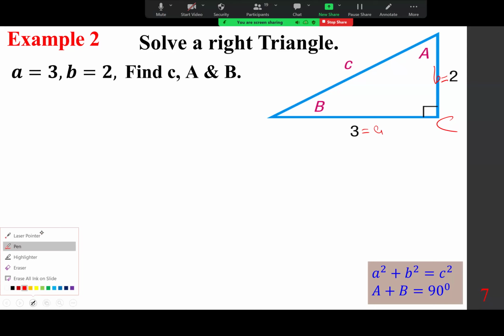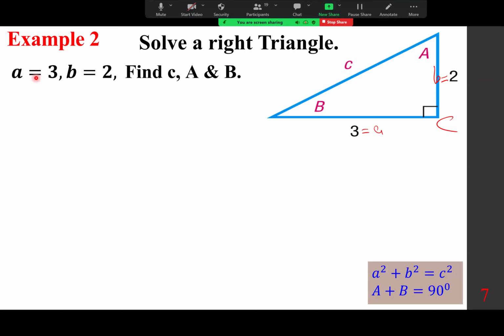Okay, so I want to make sure we understand what's happening. Vertex A across from it, lowercase a is 3. Vertex B across from it, lowercase b is equal to 2, and this is 90 degrees. So if we have two sides, we can find the missing side, which is the hypotenuse.